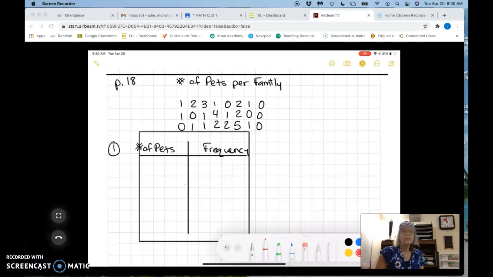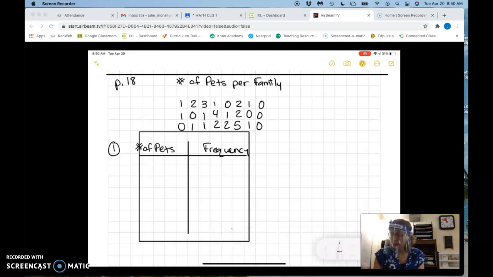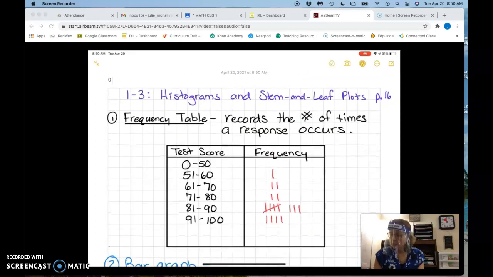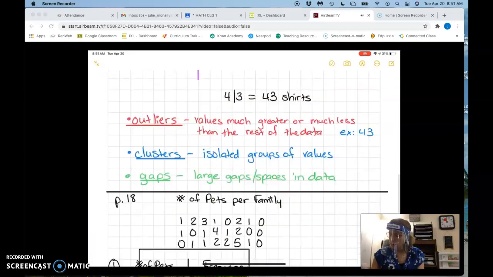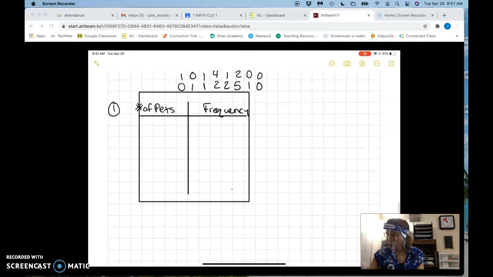Okay, so this is from page 18 in the book, and they give us this information in that little chart at the top. It says number of pets per family, and then they give us all these numbers. So I see that the number of pets for families goes from 0 to 5.